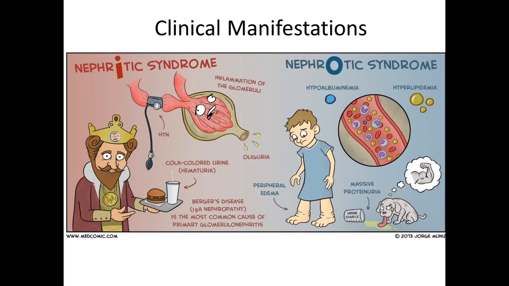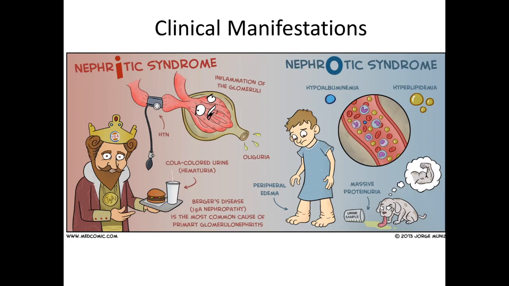Proteinuria is usually in the non-nephrotic range, and hypertension depends upon the severity of the glomerular disease. Of course the edema in nephritic syndrome usually results from sodium and water retention. And the last one, oliguria, is variable and reflects the severity of glomerular involvement.